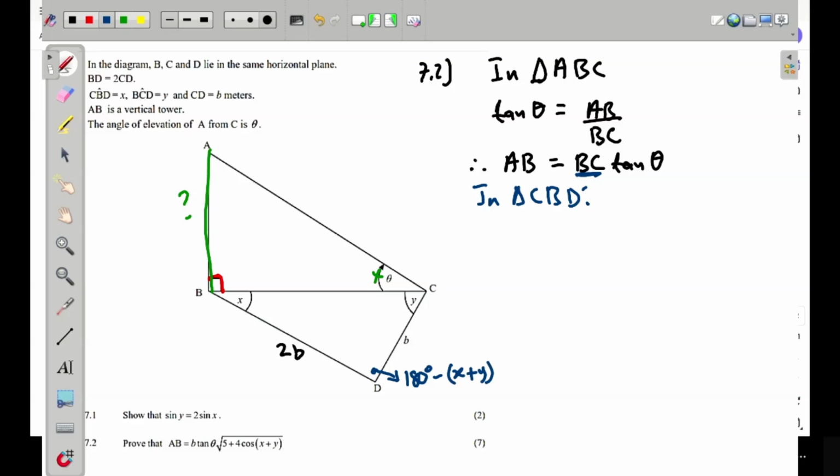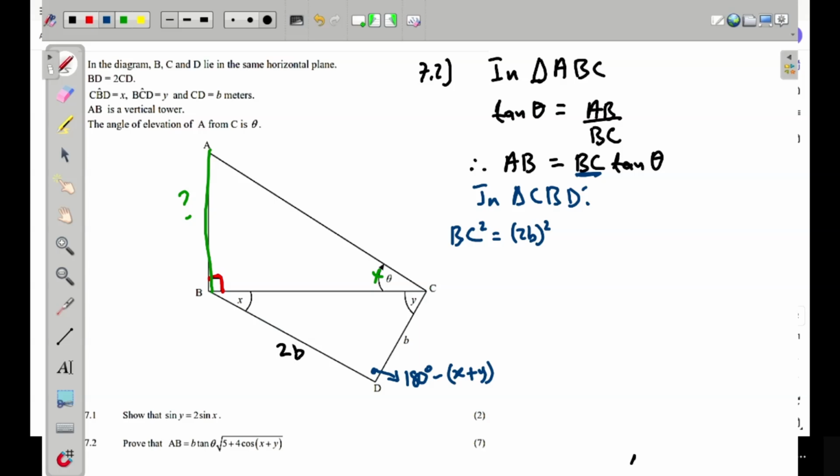Now, watch. It's about to be fun now. So please pay attention. We want BC. So according to the cosine rule, BC squared is equal to, remember the two sides are 2b and the b. So I must square the 2b. I see students losing marks here, and I hope you see how I use brackets.